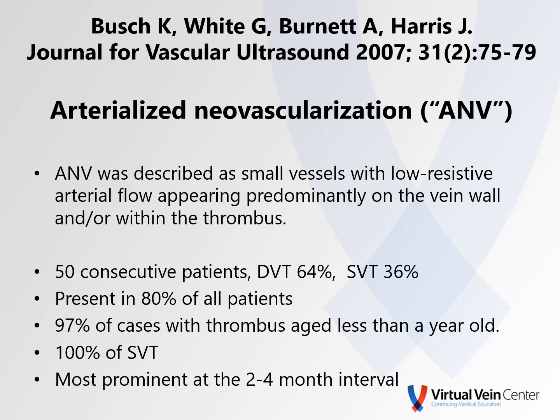This arterialized neovascularization was present in 80% of patients and in 97% of cases with thrombus less than 1 year old. It was more common in patients with superficial venous thrombosis. In fact, 100% of those patients had it, and it was most prominent at the 2 to 4 month interval after the initial venous thrombosis.